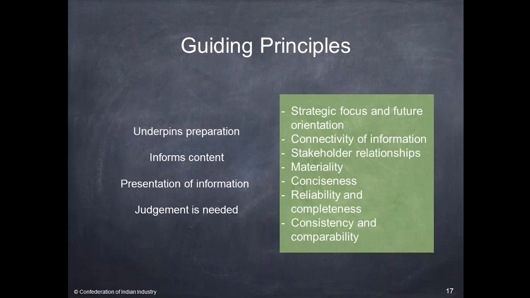Certain key elements of these are that a company should look at the future and a strategic focus when it's trying to generate information for the report. It should look at how everything is connected. And this is a very big element of integrated reporting, and hopefully in one of the subsequent webinars we'll delve deeper into it.